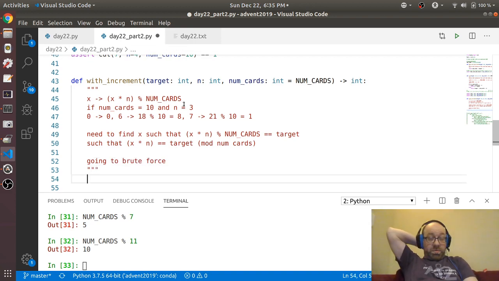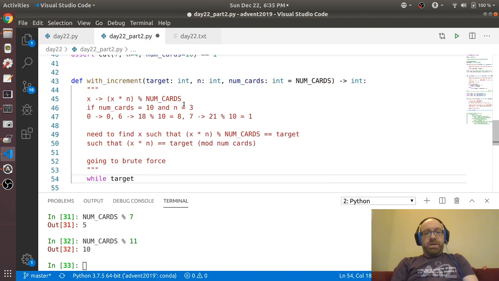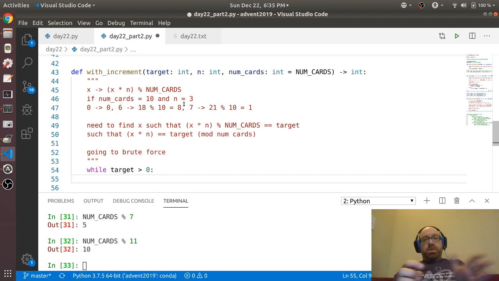And so what I'm going to do is I'm going to say while target is bigger than 0.